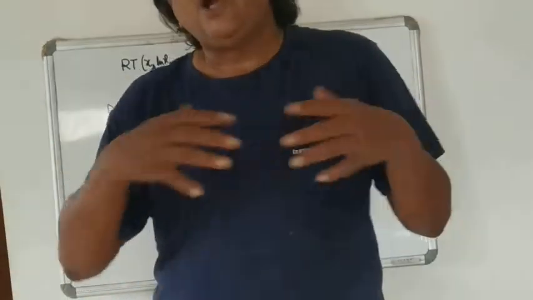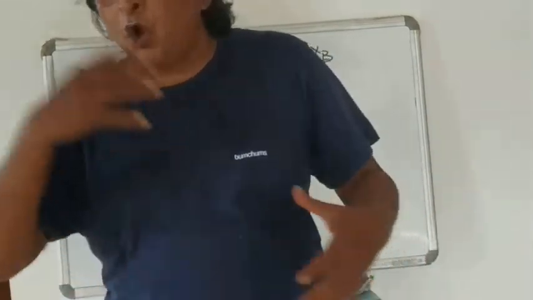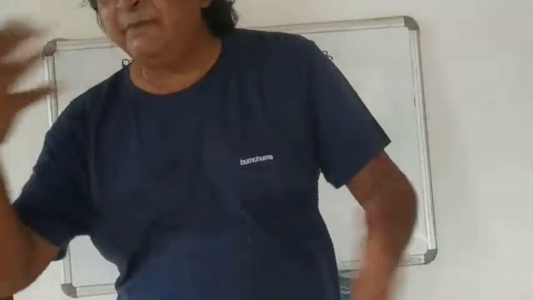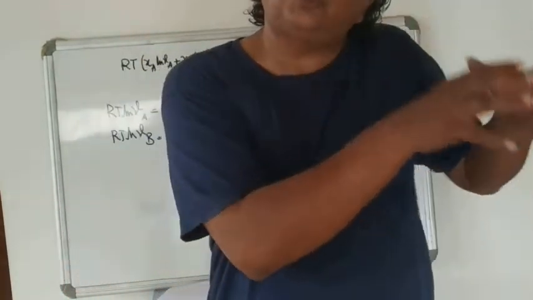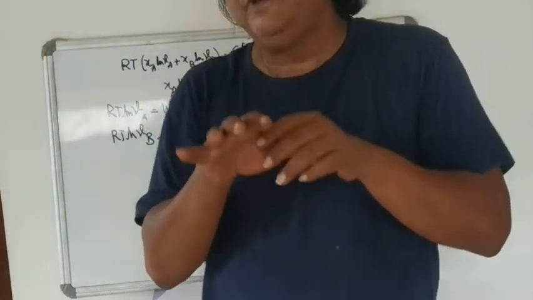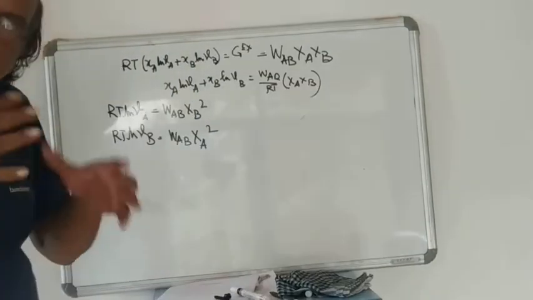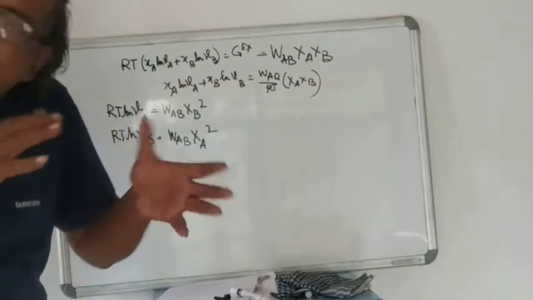How element partitioning can be modeled using the thermodynamic equations that are studied. Once we have done that, we will talk about the thermodynamics of orthopyroxene that we started with, just a bit later. But for the moment, we will try to find out how the thermodynamics of element partitioning essentially works.